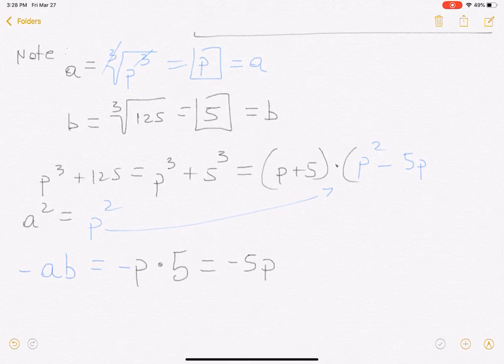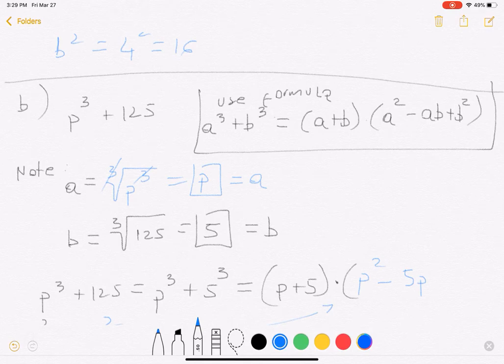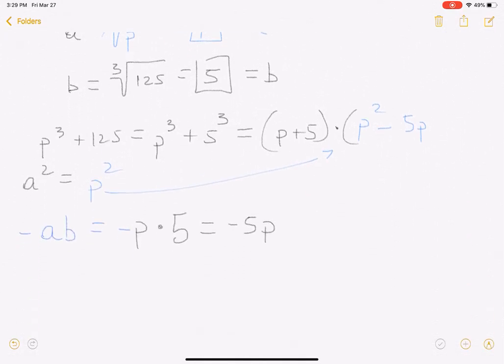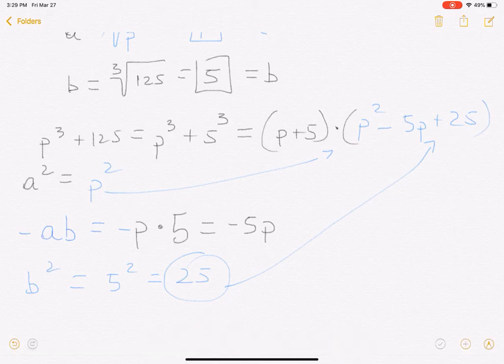Negative 5p, it's a times b, negative. And going back to the formula, we need to evaluate next b squared. b squared, in our case b is equal to 5, so 5 squared will be just 25. So you take that 25 and you put it in the second parenthesis, plus 25. So we have it.